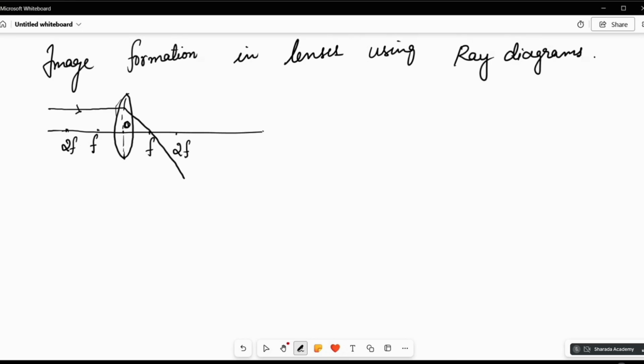See, any ray parallel to the principal axis passes through the other focus here. Write down this first one.